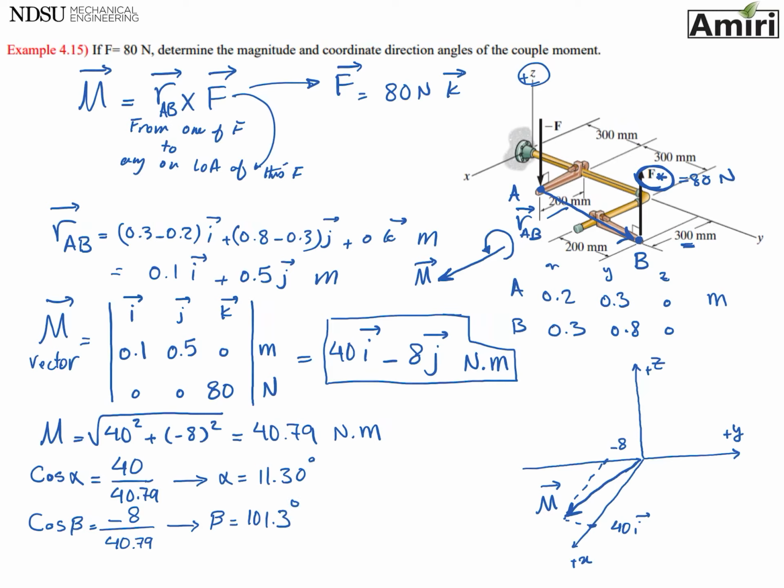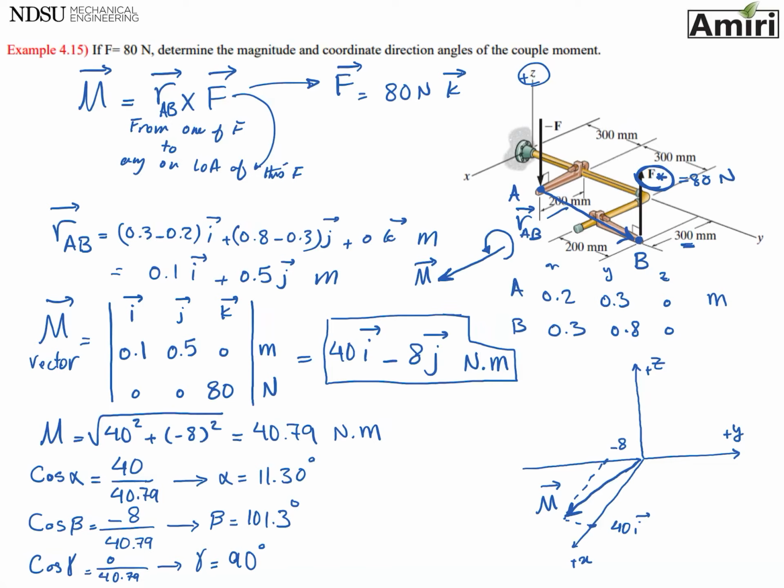If you don't include that negative, you're going to get a different angle, which is 180 minus this one, so about 78.7. And then cosine gamma is the z component, which is 0 over 40.79. So gamma is 90 degrees.